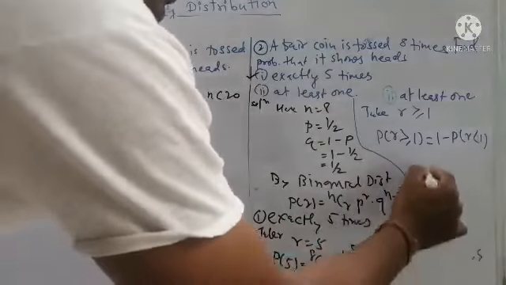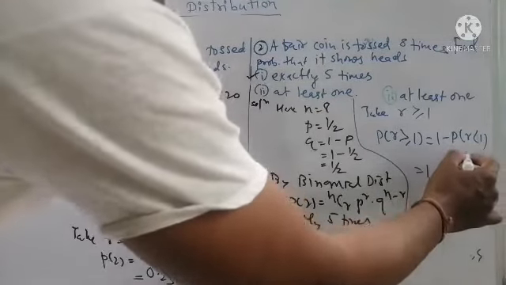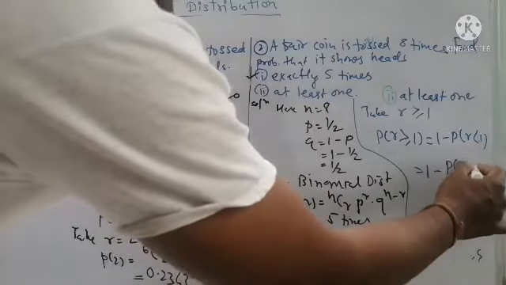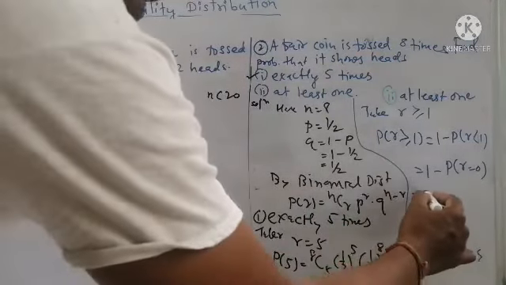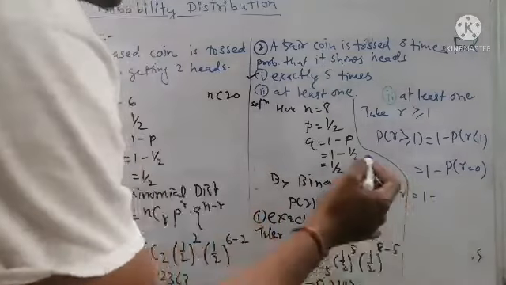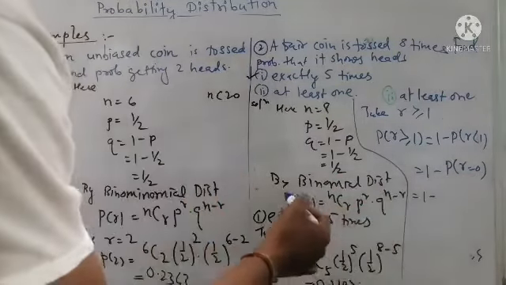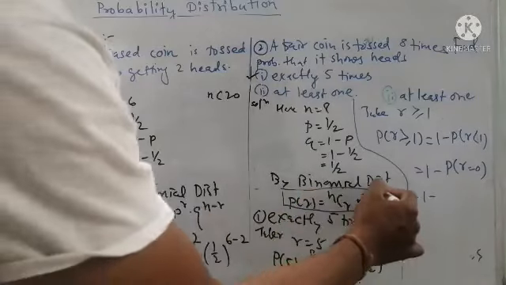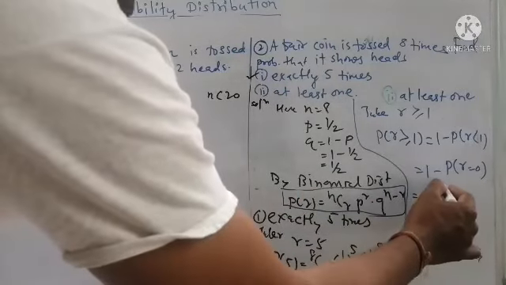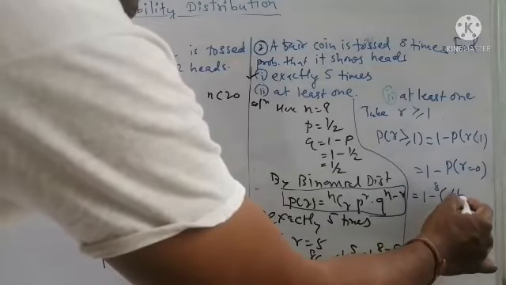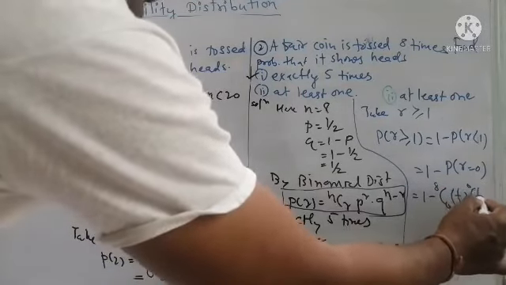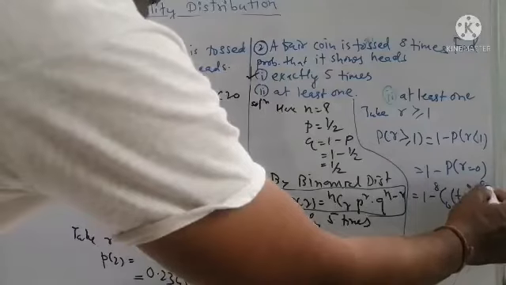So evaluating the probability of r greater than or equal to 1, we put it as 1 minus the probability of r less than 1, which means r has only the value 0. Taking P of 0, putting r equal to 0 in this binomial distribution formula P of r, we get 8C0, p is half raised to 0, q is half raised to 8 minus 0.